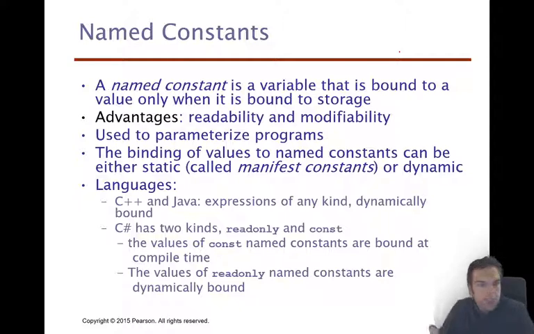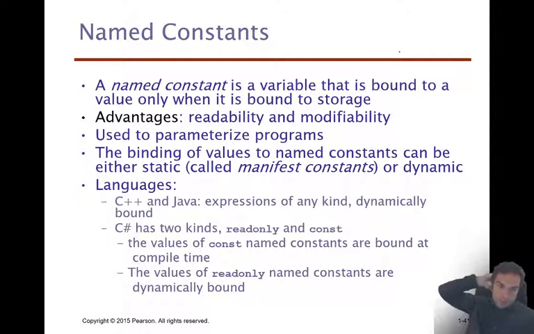So an enumeration is a great example of a bunch of manifest constants. Those things are never going to change in your program. They let you write readable code because you're using words that mean something to us, but the compiler can, before it even runs, do a lot of optimization, it can inline them, etc.